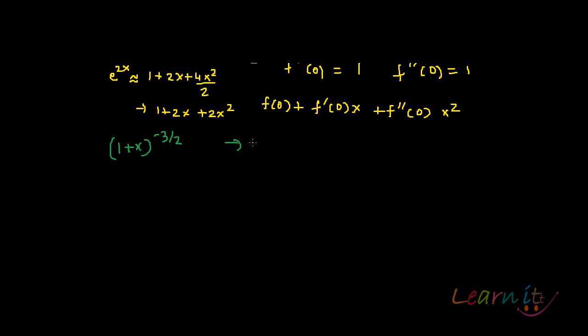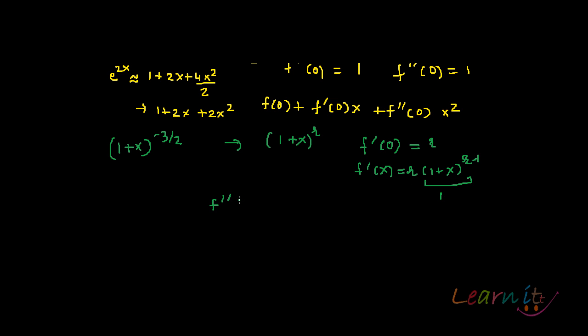For this, I want you to concentrate on the general function (1 + x) to the power any real number r. So, I know that f dash at 0 will be r. Why? Because f dash x is essentially r into (1 + x) to the power r minus 1. Now, this portion will become 1 and only r will be left.